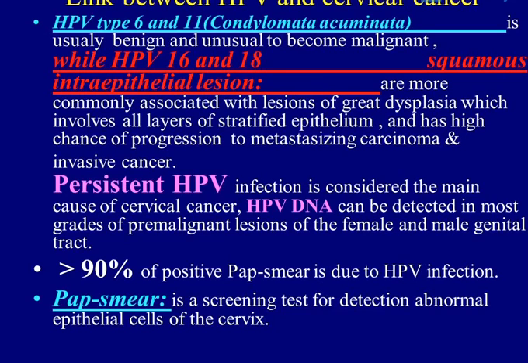Persistent HPV infection is considered the main cause of cervical cancer. HPV DNA can be detected in most grades of premalignant lesions of the female and male genital tract. Greater than 90% of positive Pap smears are due to HPV infection. Pap smear is a screening test for detection of abnormal epithelial cells of the cervix.